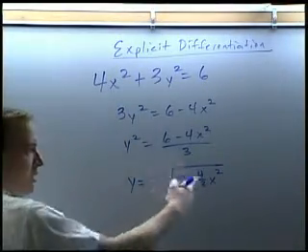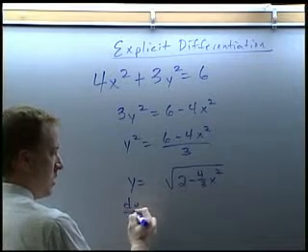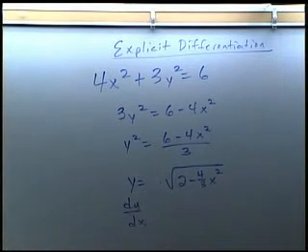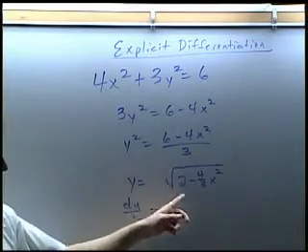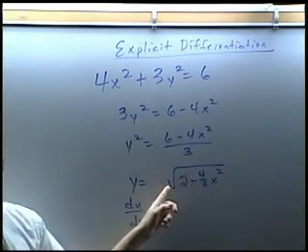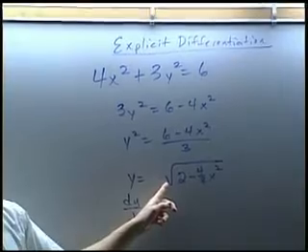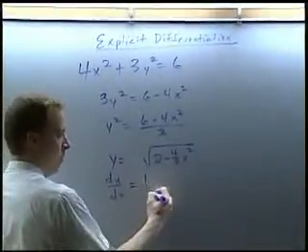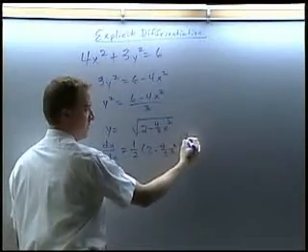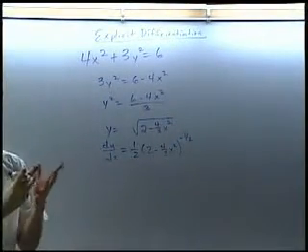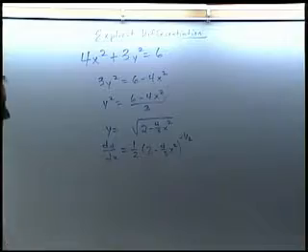So what would this derivative be if we were to take the derivative letting x be our independent variable? How do we take the derivative of something raised to the 1/2? Well, we put the 1/2 out in front. All of our piece inside the square root is to the negative 1/2.